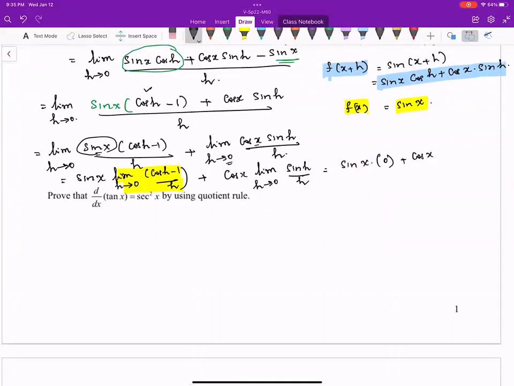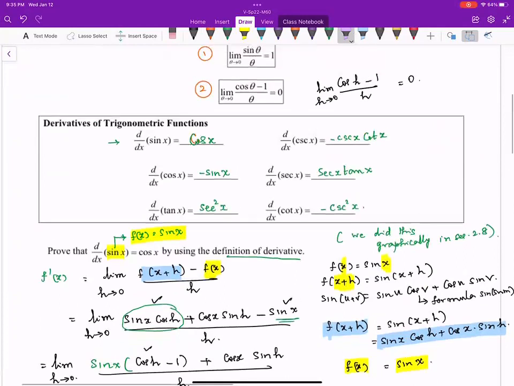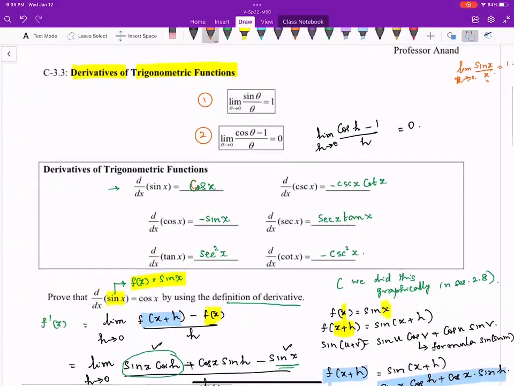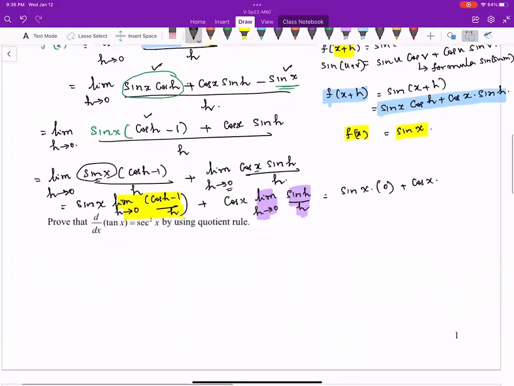Plus cosine x times, we know, sin h over h as h approaching 0 is the first one. So if I replace theta by h, limit as h approaching 0, this will be equal to 1. So this second one is going to be 1.